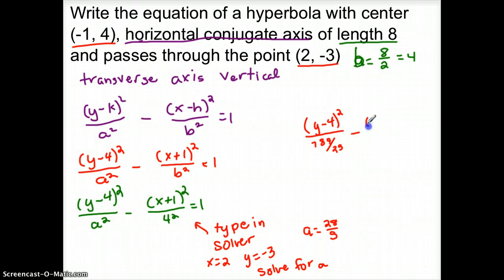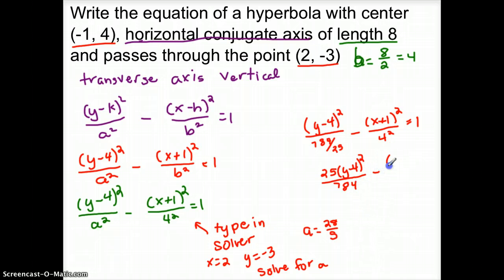And then minus x plus 1 squared divided by 4 squared, which is equal to 1. And you could have written 16 there. Now if you remember how you divide fractions, you flip the second one and multiply. So I'm going to take the reciprocal of this. That moves the 25 up to the numerator, so 25 times y minus 4 squared, and that puts the 784 in the denominator.